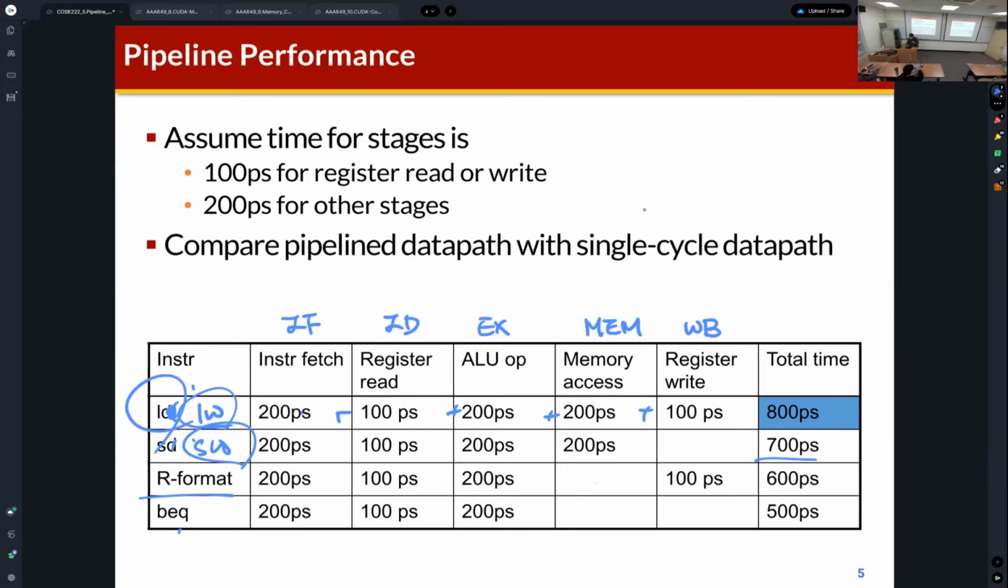So the delay of load word decides the clock period of the single cycle processor.